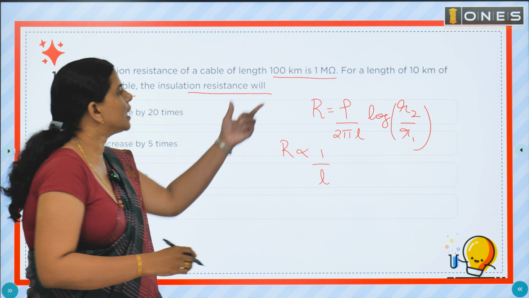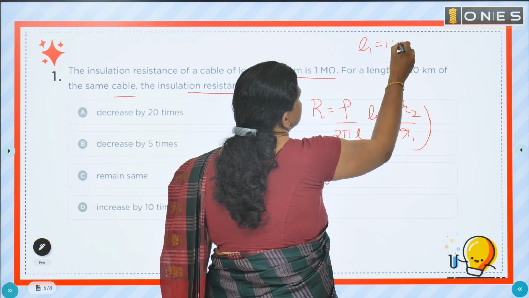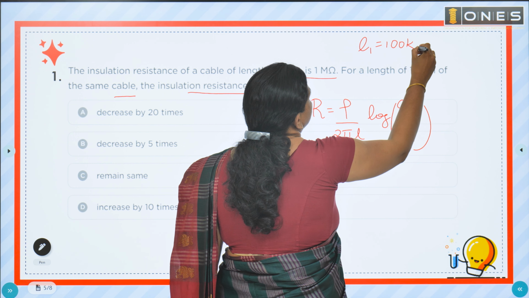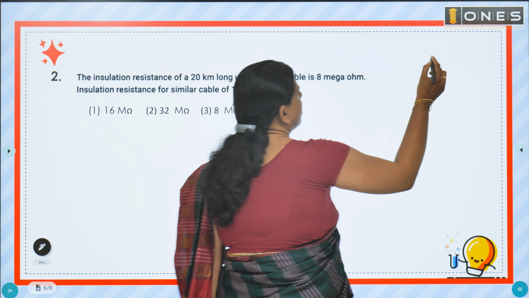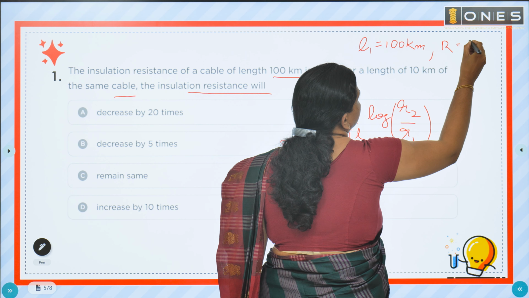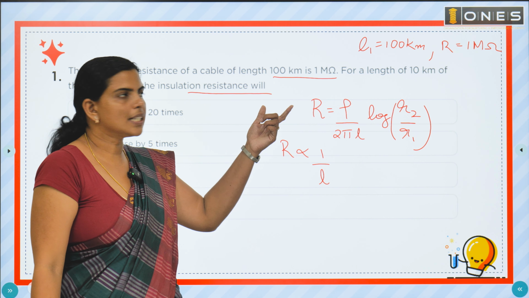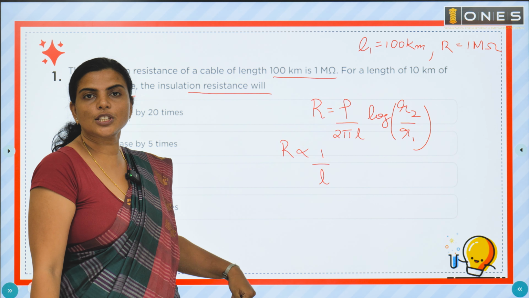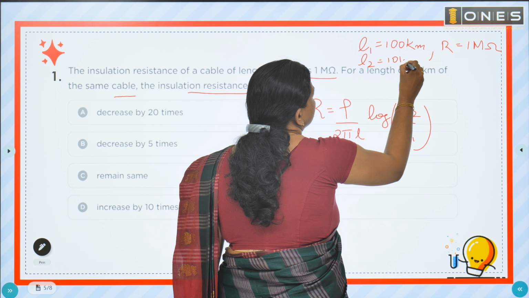Okay, initially L was L1, the initial length of the cable was 100 kilometer, and R was 1 mega ohm, right? Now the length is decreased to 10 kilometer. L2 is 10 kilometer.